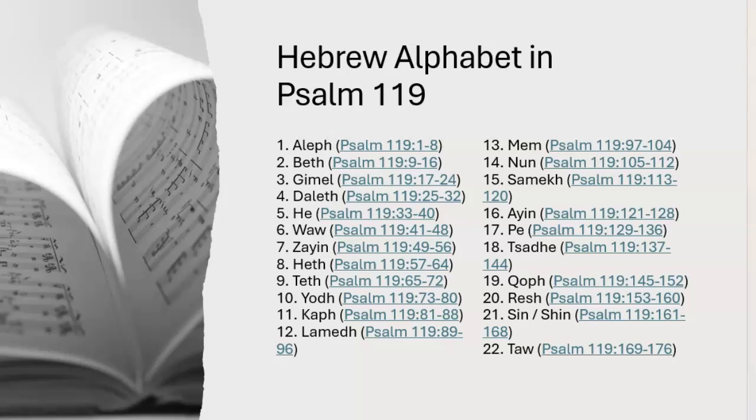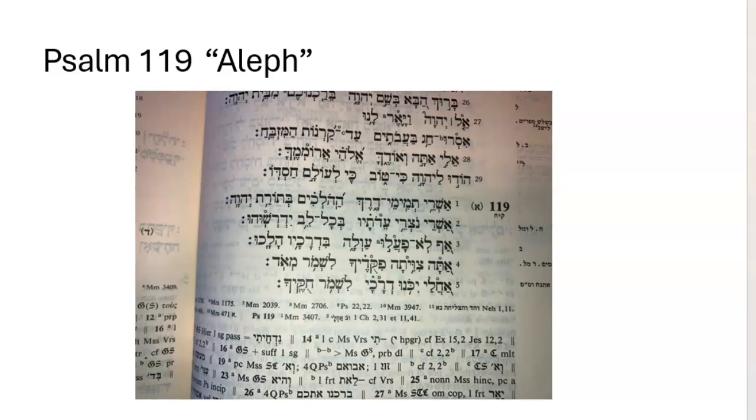So let me show you that a little bit closer if we look at a Hebrew Bible. So Hebrew is read from right to left. And so you see on the right hand side, about the middle of this column, you see the number 119. That represents the number of the psalm. So this is Psalm 119. And then you see in parentheses, there is an Aleph.